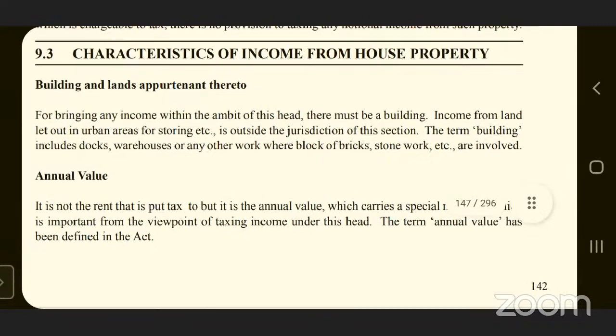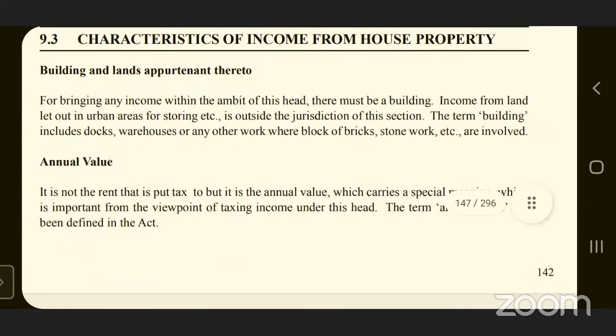So here, the term building does not only mean whatever we see in our daily life. It includes docks, warehouses, or any other work where blocks of bricks, stonework, etc. are involved. Such type of construction is also called a building under the head income from house property.